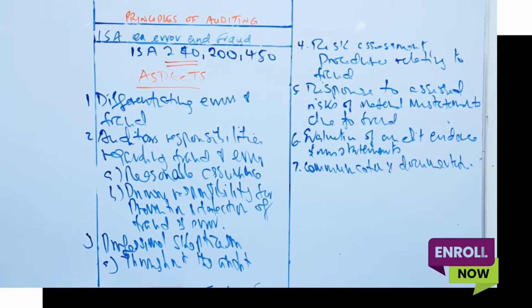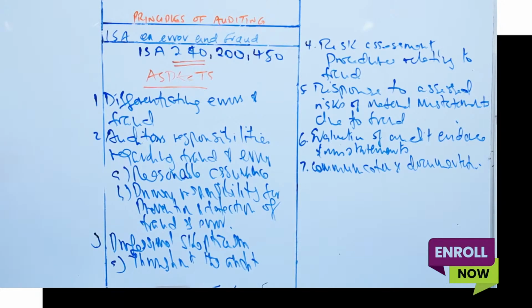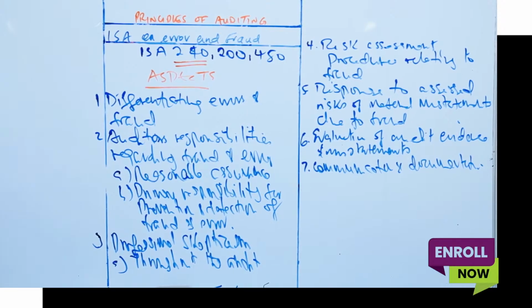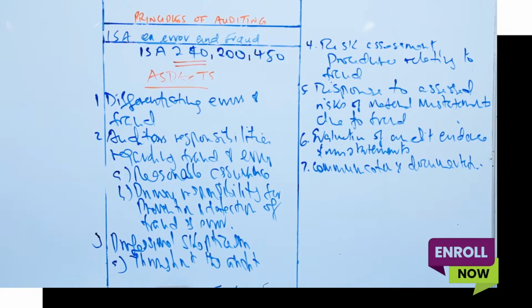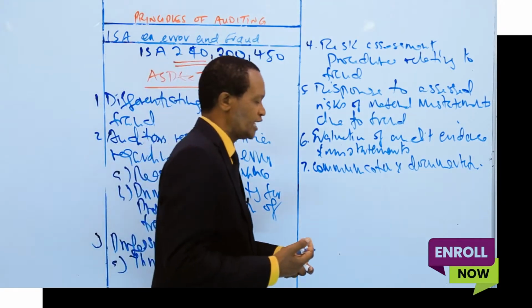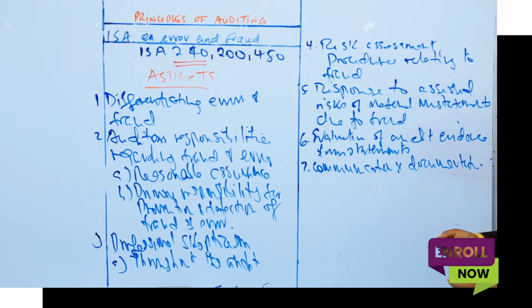And if management is involved, it should be communicated with those charged with governance. So the auditor must communicate with those charged with governance about their assessment of fraud risks, the nature of identified fraud, and also implications. So we have communication and documentation, which is a key aspect.